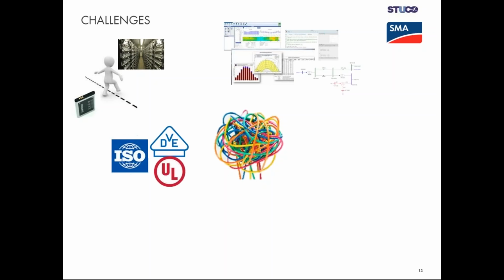I would have never thought that I'd be complaining about not enough regulation. But as it is new, there are simply no European VDE standards, DIN norms, no ISO standards, and no UL norm. When it comes to the Caribbean islands, most of your islands have very special systems.